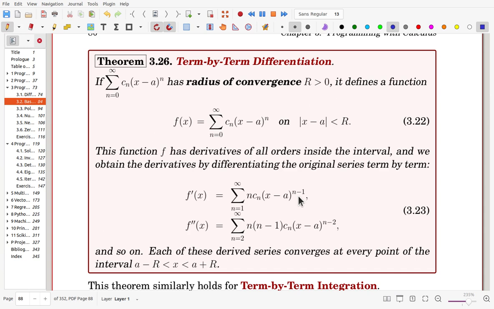If we want a second derivative, we can do it again: n minus 1 comes out, and the power goes one down, which is n minus 2. In this way, you can get the derivative term by term. That is quite convenient in many applications.